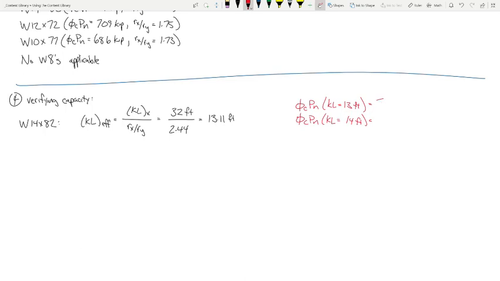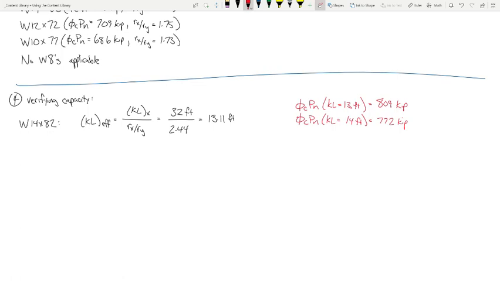And for 14 feet it's 772. Okay. Now I want everybody to write this down, and once you've finished writing, I want you to look up here.